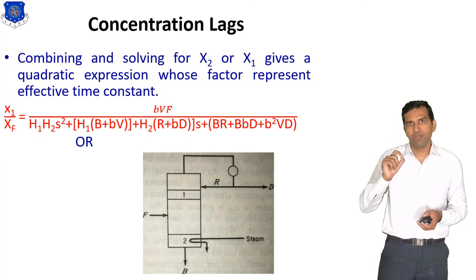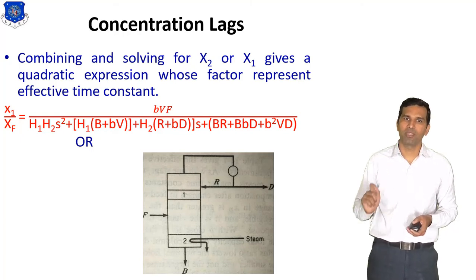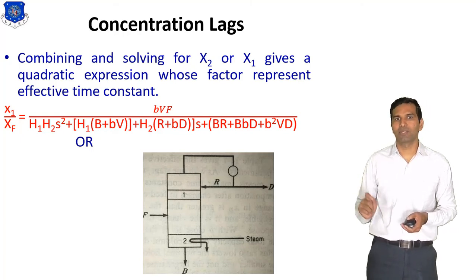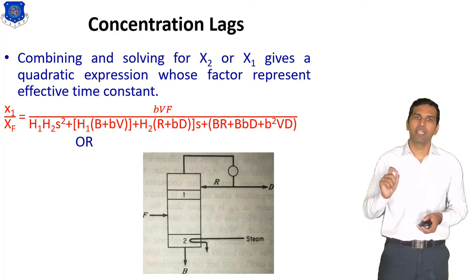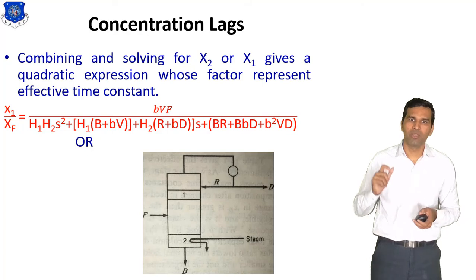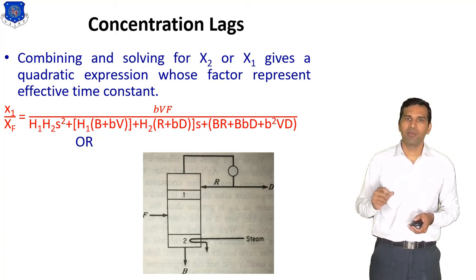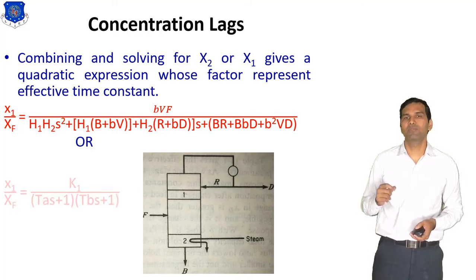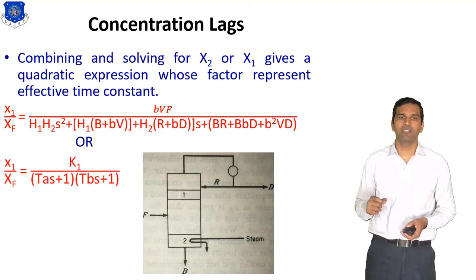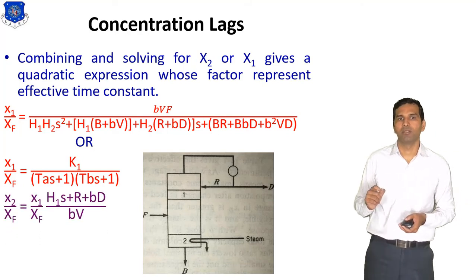We can write the ratio x1/xf equals a numerator over H1 H2 s squared plus (H1 (B plus small b) plus H2 (R plus bD)) s plus the constant terms, or we can write this ratio as x1/xf equals K1/((Ta s plus 1)(Tb s plus 1)).